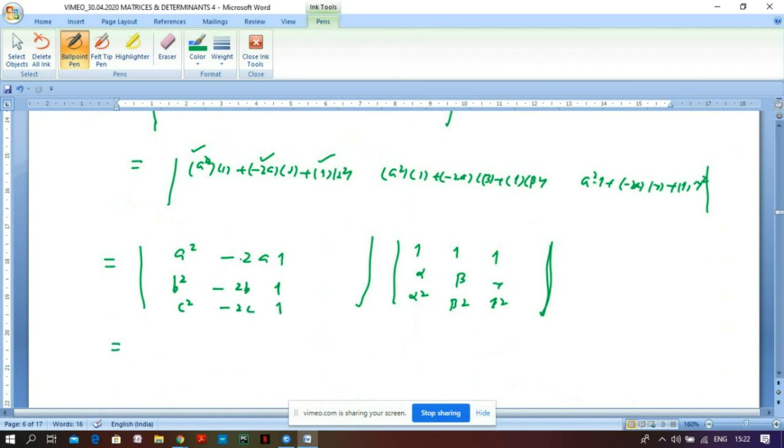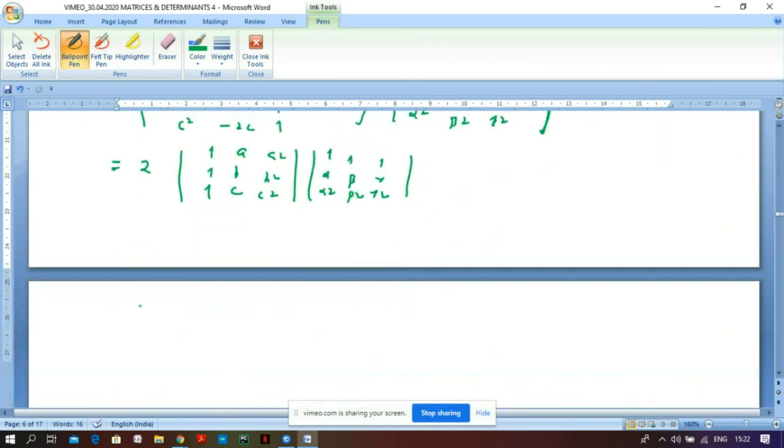Now this 2 can be taken out and I can interchange the rows and the columns. So 2 times, I can write 1 1 1 here, and then a b c and a square b square c square. And then here 1 alpha alpha square is the same, 1 beta beta square, and 1 gamma gamma square.